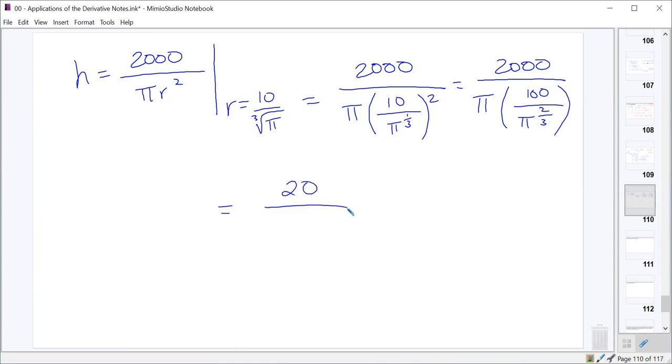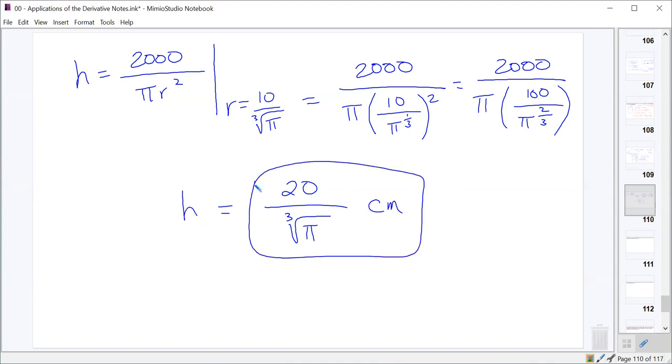And then pi over pi to the 2/3, subtract the exponents, pi to the first over pi to the 2/3 is pi to the 1/3, or the cube root of pi. This is also going to be in centimeters. And we could get a decimal approximation for that also, but if I don't ask for it, there's not really any.